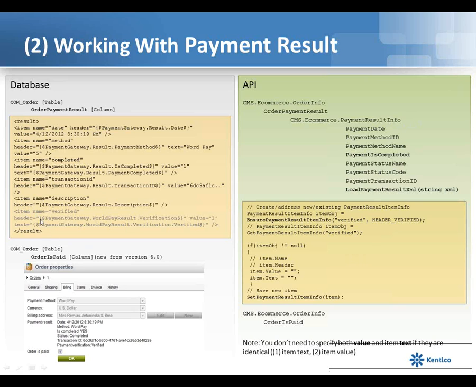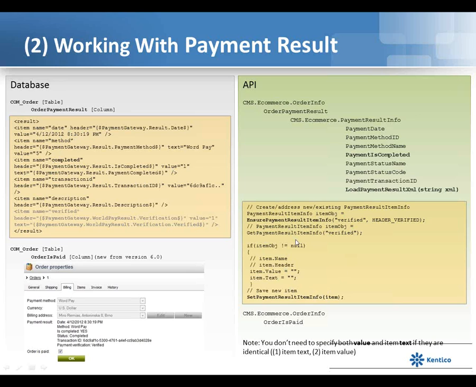Now, if I want to introduce a custom item within my payment result, I can do that with a child object of payment result info, which is called PaymentResultItemInfo. So PaymentResultItemInfo represents one item from my payment result, and the properties of that object are name, header, value, and text. As we can see in here, I have all of those: name, header, value, and text.